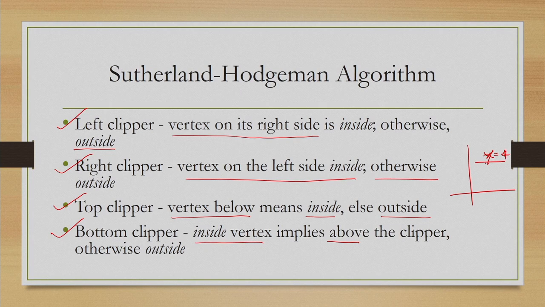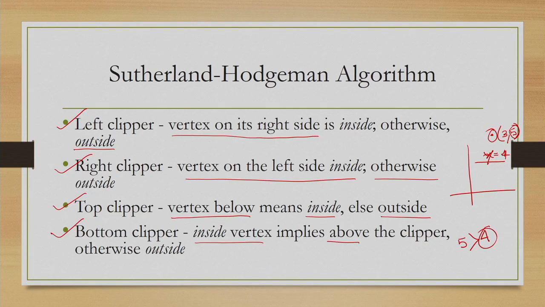Now, suppose a point is denoted by (3, 5). We check the y value of the point, that is 5. Clearly, 5 is greater than 4, which is the y value of the top boundary. Then we can say that this point is outside, because it is above the clipper.